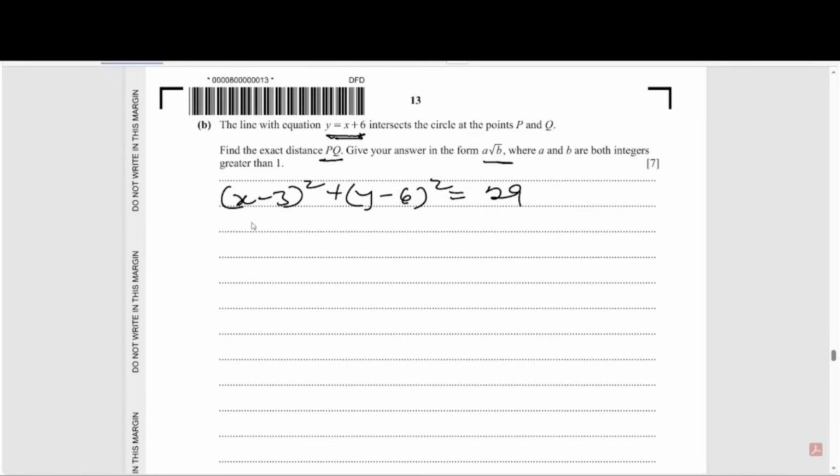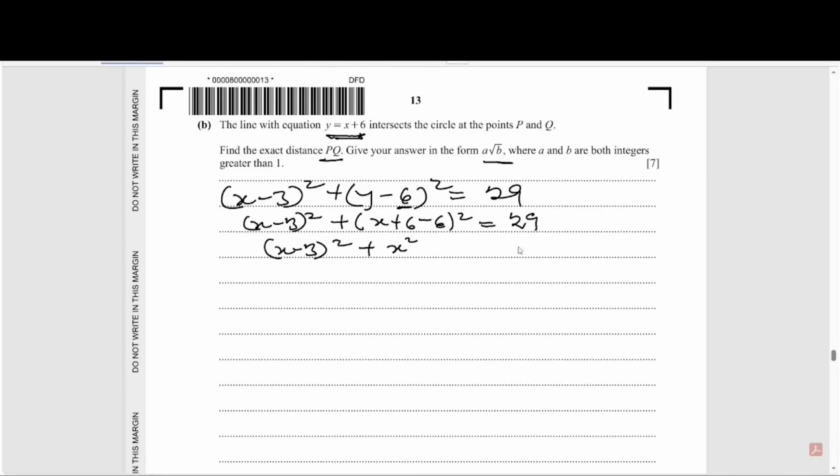We have (x minus 3) all squared plus, so there's a y here that is going to be replaced by x plus 6, before this minus 6 will appear here, all squared is equal to 29. So we have (x minus 3) all squared, then plus x squared only left over here.